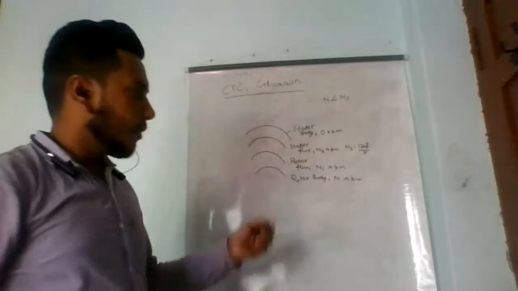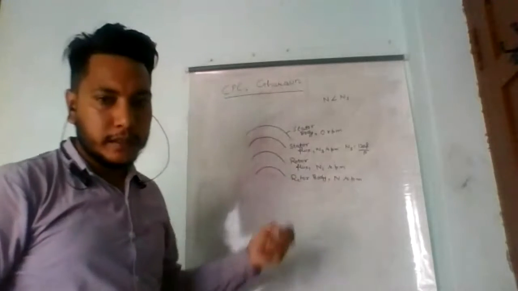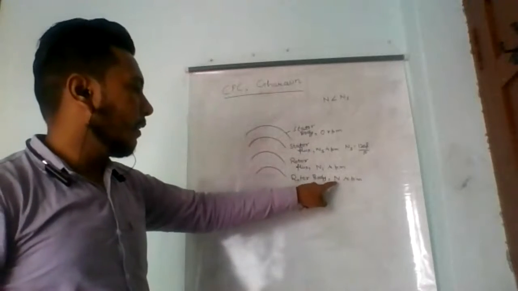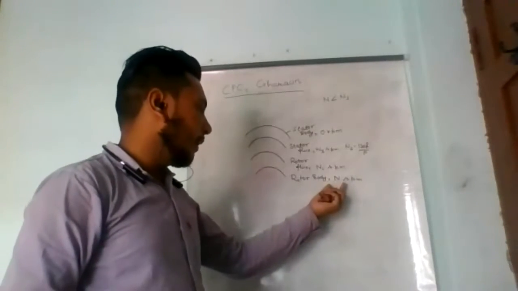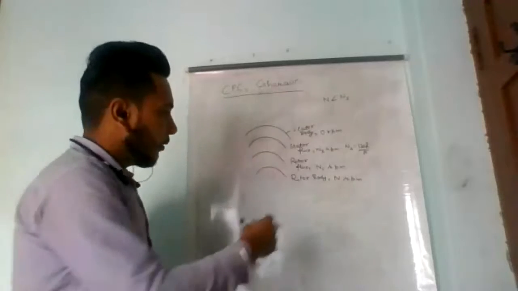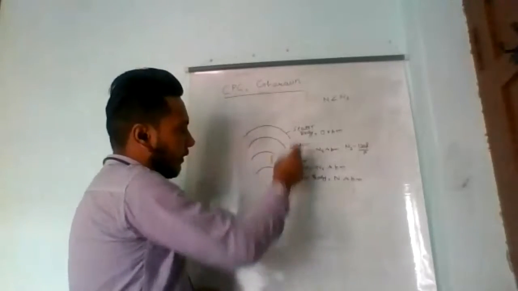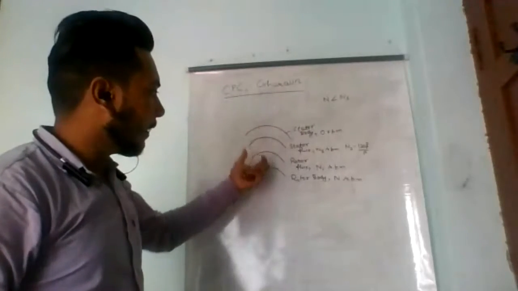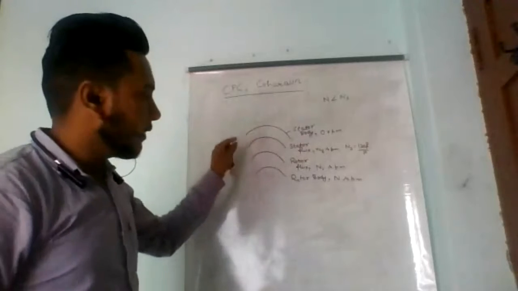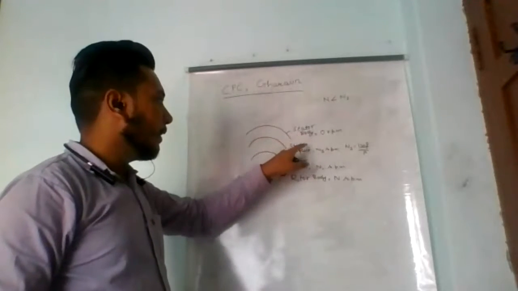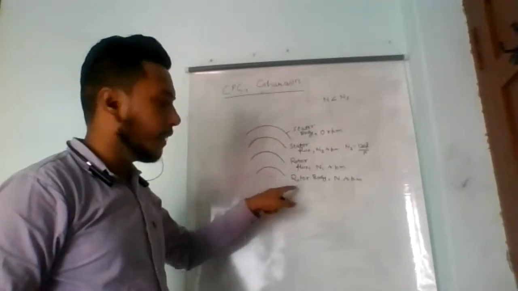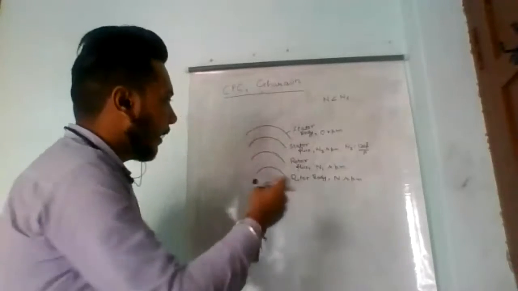The speed of the rotor body is nothing but the speed of the shaft. This is the mechanical shaft speed. Okay, these are the different levels at which I told you about the stator body speed, stator flux speed, rotor flux speed, and the rotor body.